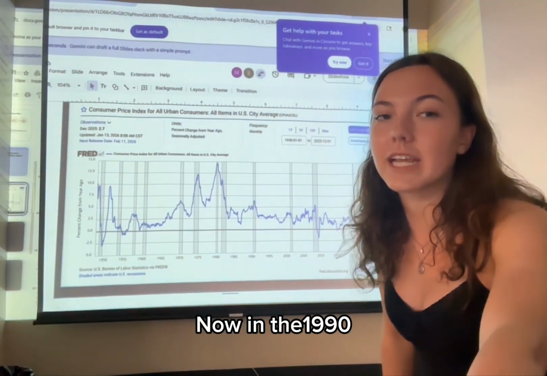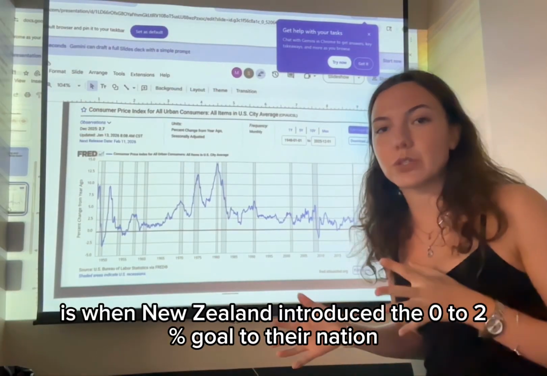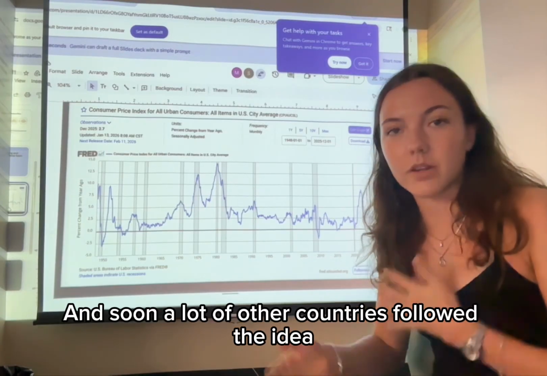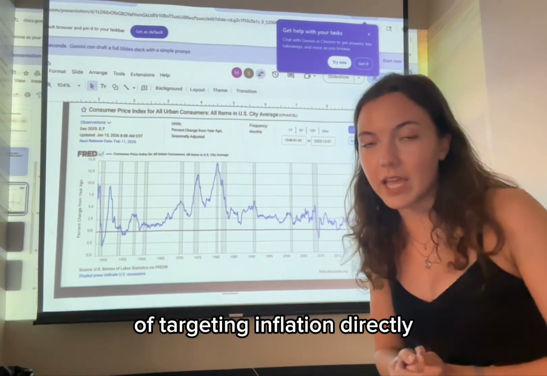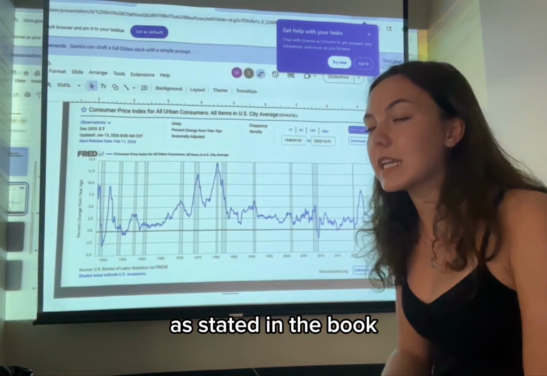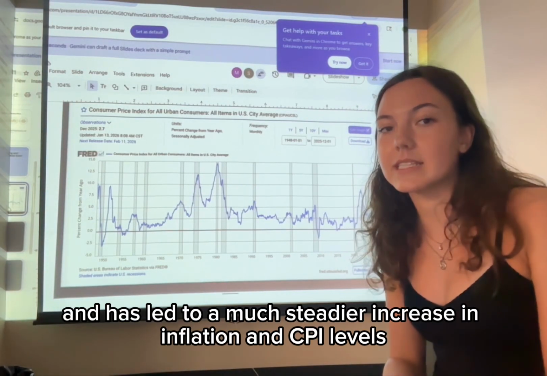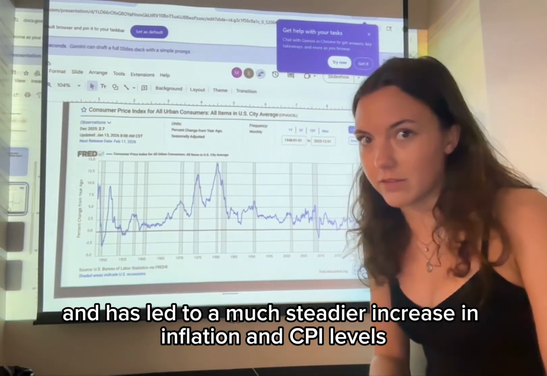Now, in the 1990s is when New Zealand introduced the 0 to 2% goal to their nation. And soon a lot of other countries followed the idea of targeting inflation directly and keeping it within the 0 to 2%. As stated in the book, most countries have adopted this goal and it has led to a much steadier increase in inflation and CPI levels.